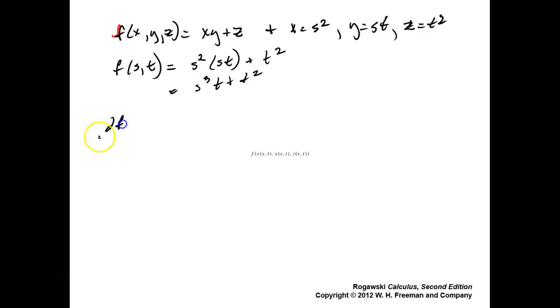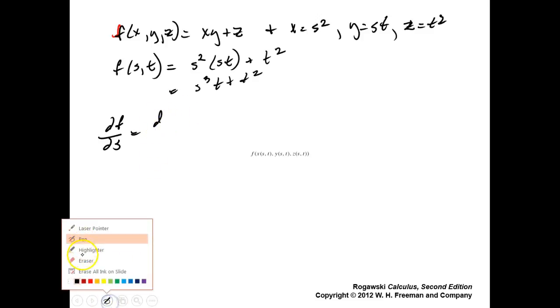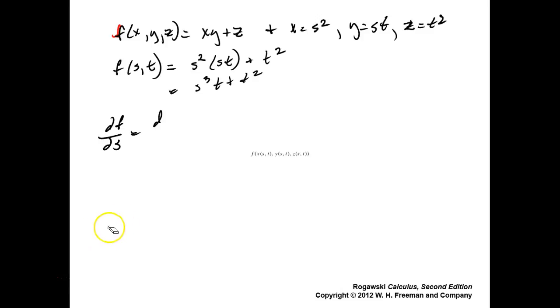The partial of f with respect to s is going to be the partial of f with respect to x times the partial of x with respect to s.